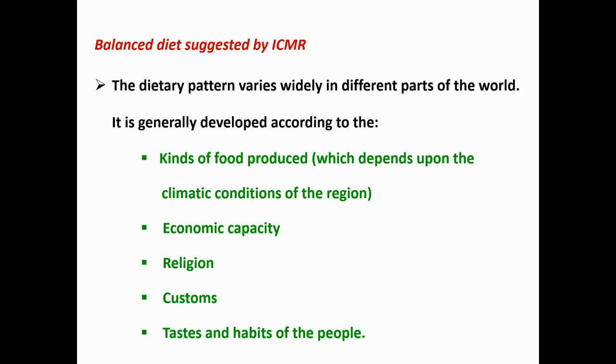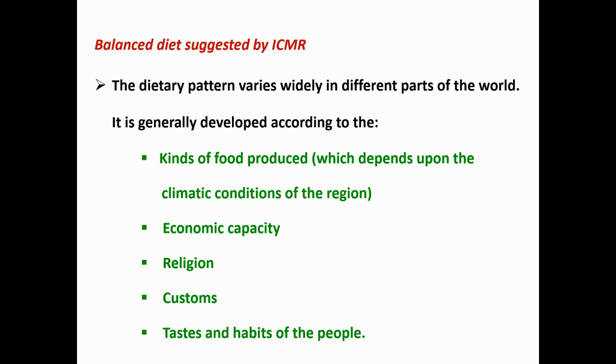Number one is the kinds of food produced, which depends on the climatic conditions of the region; second is economic capacity; third is religion; fourth is customs; and the fifth is taste and habit of the people.